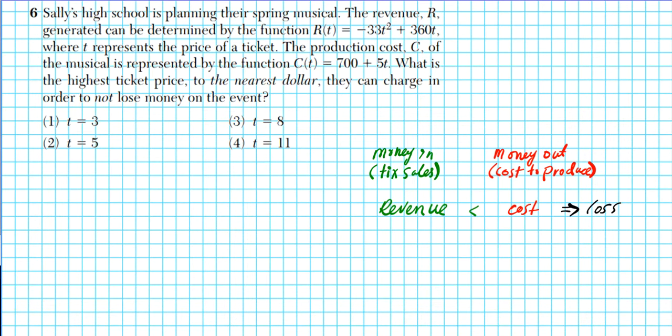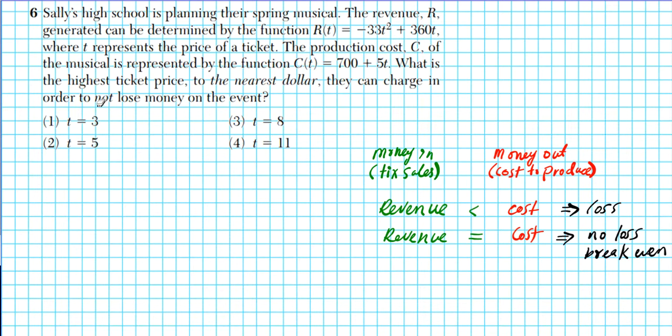What happens if the revenue is equal to the cost? In this case, they break even. Okay, this is the minimum requirement. So this is where they want to be at. Either it's equal to or greater than. Okay, so no loss. We have a break even.